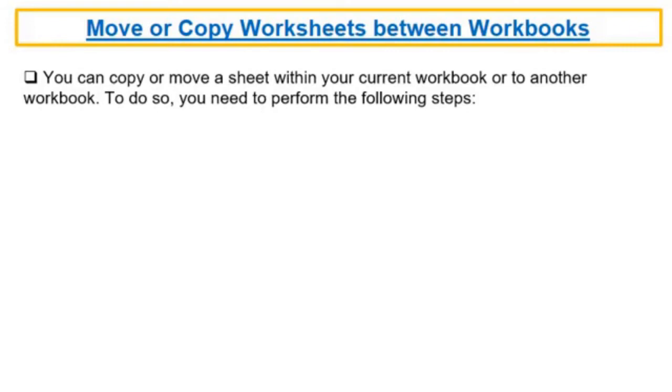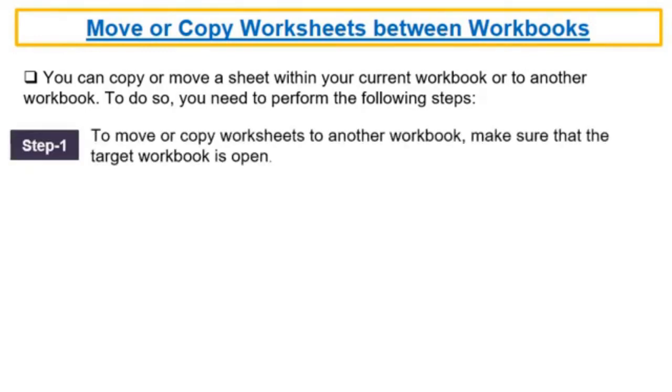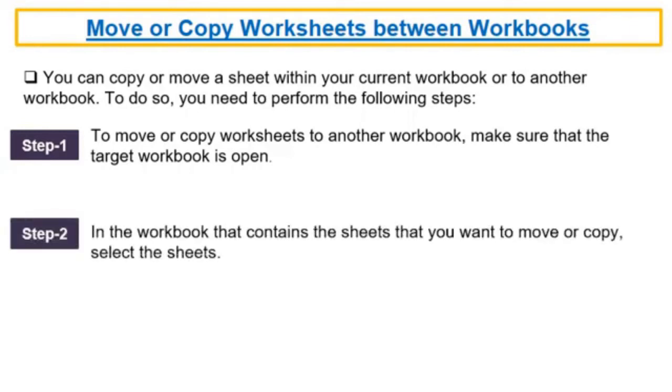Let us see how to move or copy worksheets between workbooks. You can copy or move a sheet within your current workbook or to another workbook. To do so, you need to perform the following steps. Step 1. To move or copy worksheets to another workbook, make sure that the target workbook is open.